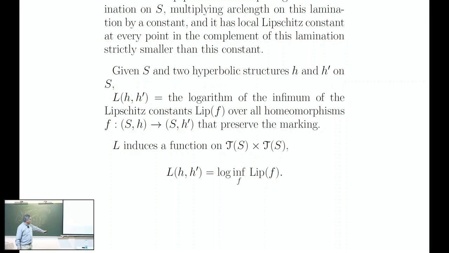It induces a distance function on Teichmüller space, a function on the product of Teichmüller space by itself, which is the logarithm of the infimum of this Lipschitz constant, the infimum being taken over all homeomorphisms that preserve the marking.